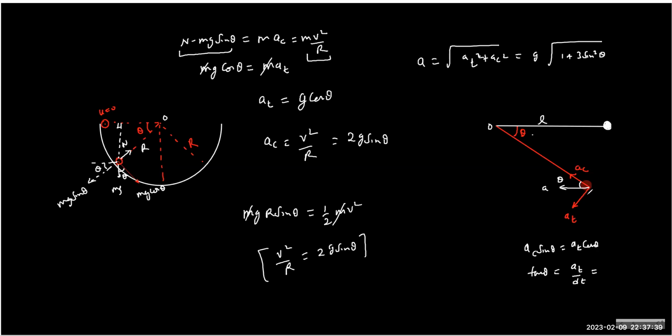Are you sure? g cos theta, minus... Hasika, tell me what you said. Sir, AT is mg sin theta. All right. AT is mg cos theta, sir. I mean, mg cos theta by m, which is g cos theta. And what is AC?